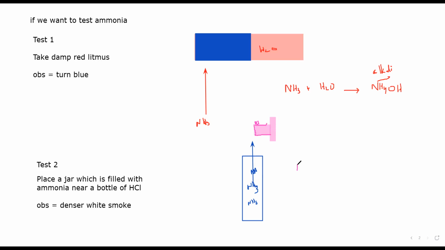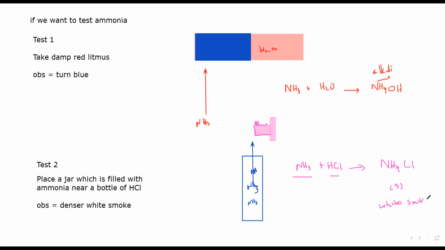So what happened when ammonia, NH3, reacted with HCl? Basically, it's a neutralization acid-base reaction. Ammonia is an alkaline gas, hydrochloric acid is there. So this will result in the formation of ammonium chloride. And this ammonium chloride is a solid, or it is actually a white smoke.